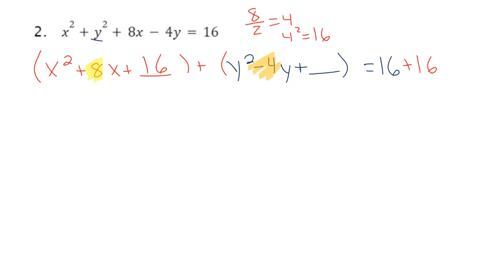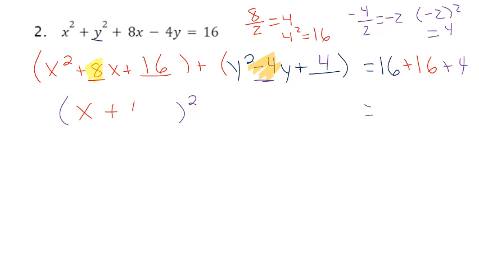And then for negative 4, I get negative 2, and I'm going to square it, and I get positive 4. So 4 on the left and 4 on the right. And then when we rewrite it, half of 8 is 4, so x plus 4 quantity squared.